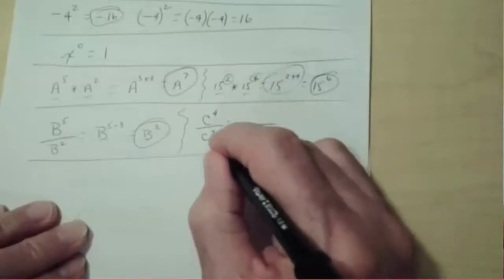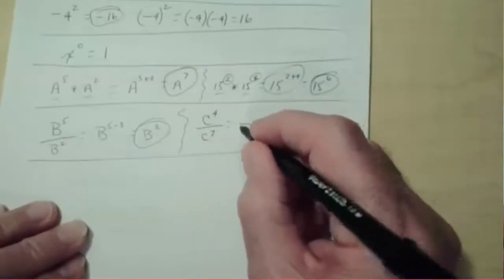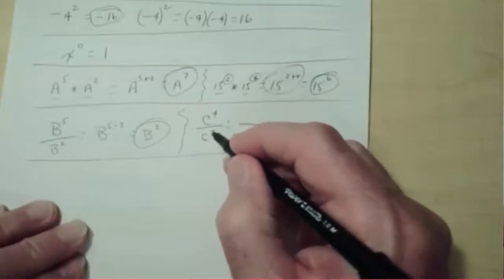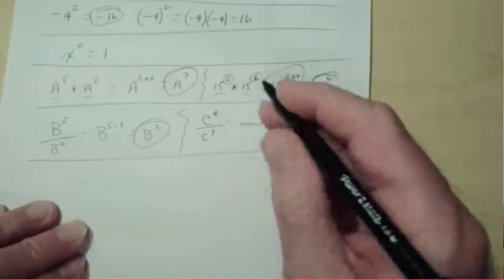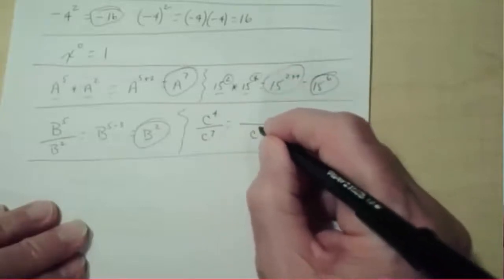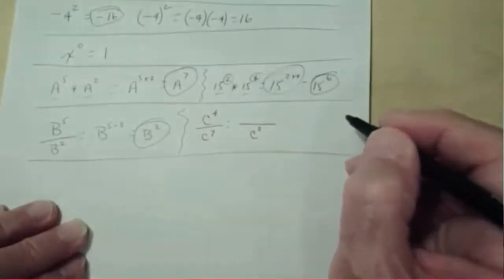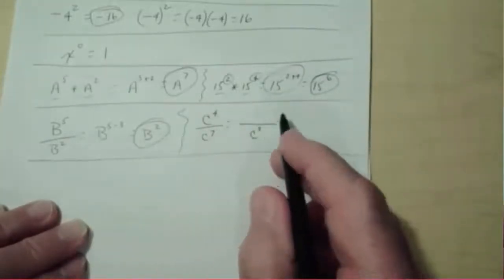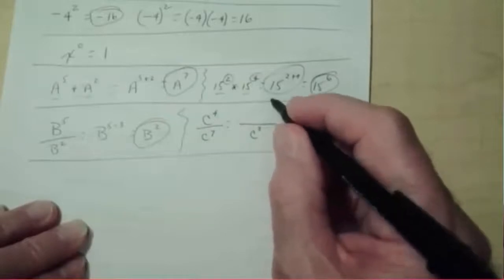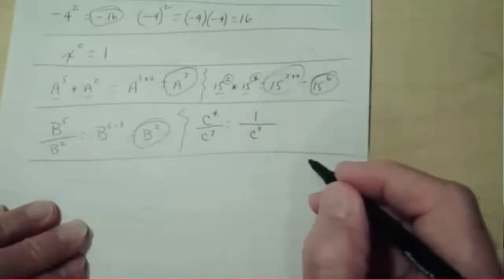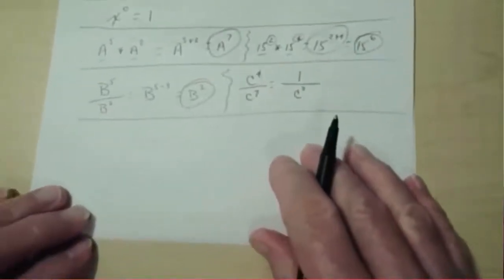Now there's more of them in the bottom. This is actually 4 minus 7, but we're going to take the difference between these numbers. That's c cubed, right? There's more of them down here. Now what goes in the numerator? 1.